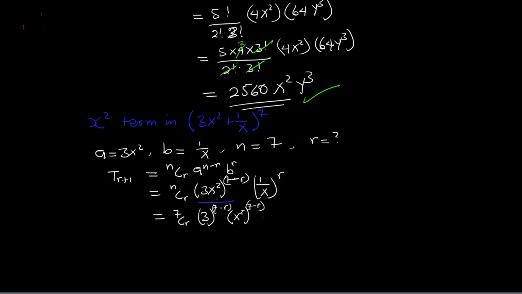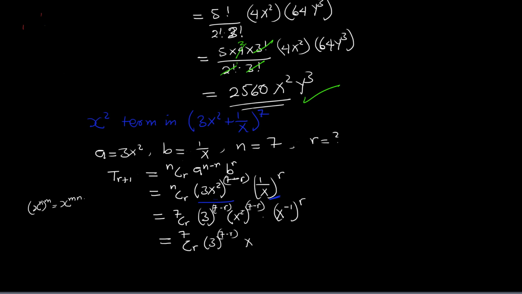This can be multiplied by x to the minus 1 to the r. Now we have 7 combination r, 3 to the 7 minus r, and using this method, x to the m, to the n is given by x to the m times n.